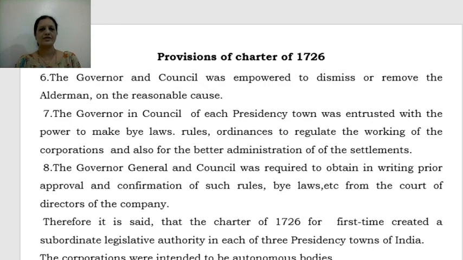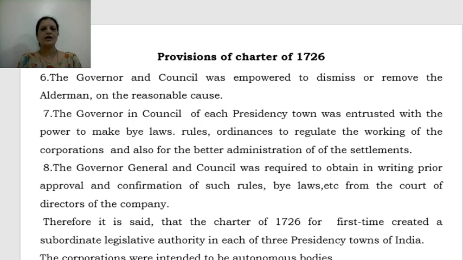Number 6, the governor and council were empowered to dismiss or remove an alderman on reasonable cause. Number 7, the governor in council of each presidency town was entrusted with the power to make bylaws, rules, and ordinances to regulate the working of the corporations and for the better administration of the company's settlements.